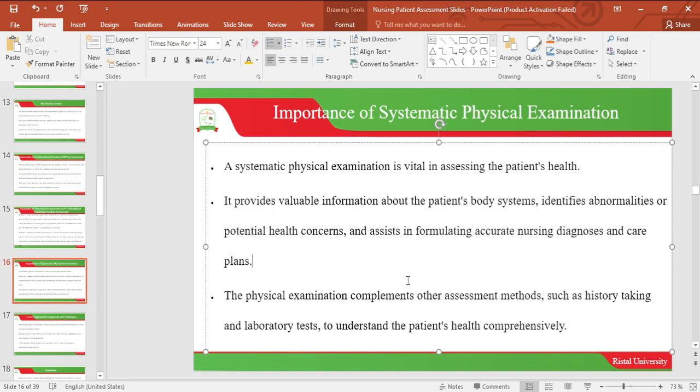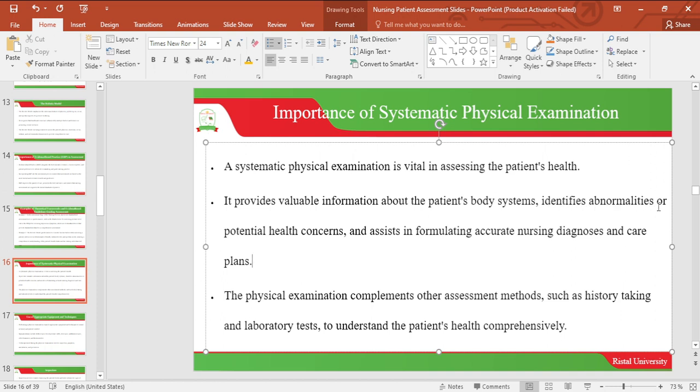Let's look at the importance of systematic physical examination. A systematic physical examination is vital in assessing patients' health. It also provides valuable information about patients' body systems.